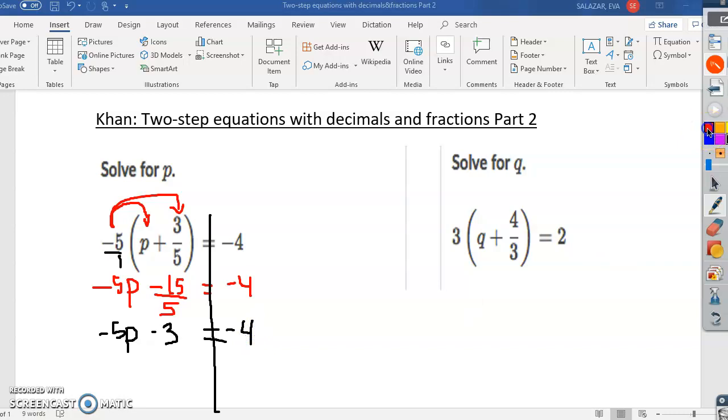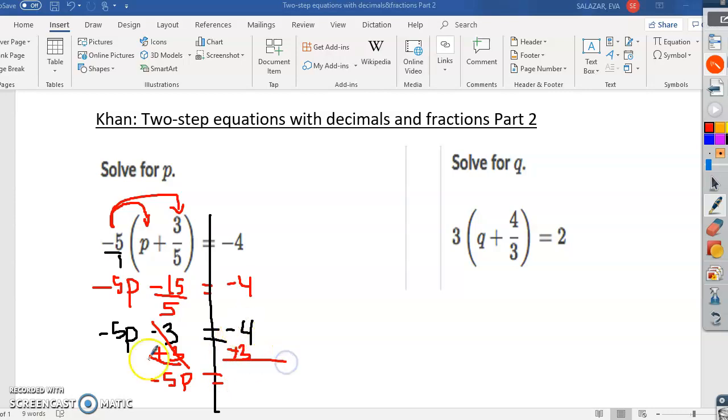And let me remember that in order to get rid of a constant or any number, I need to do the inverse operation. So I'm going to go ahead and do plus 3. And that's how I'm going to get rid of that. And I have negative 5p left on this side of the equation is equal, plus 3 over here.